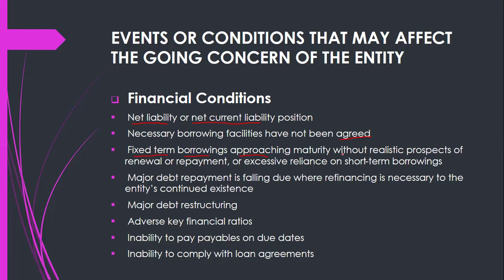Then there's a chance that there's a going concern problem. Why? Because when the lenders request for liquidation, that company will no longer be a going concern. Then major debt repayment is falling due, where refinancing is necessary to the entity's continued existence.